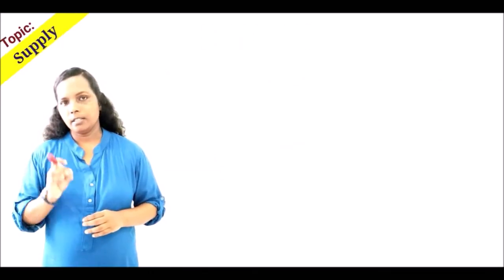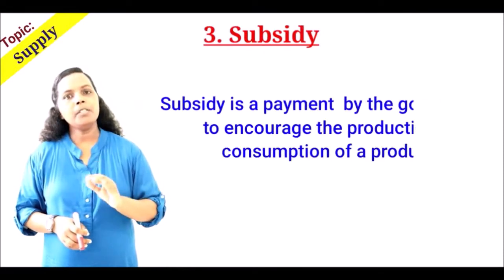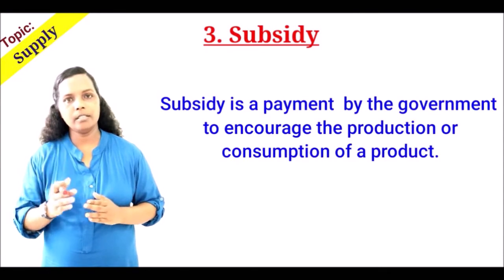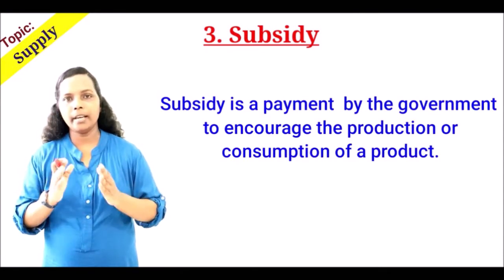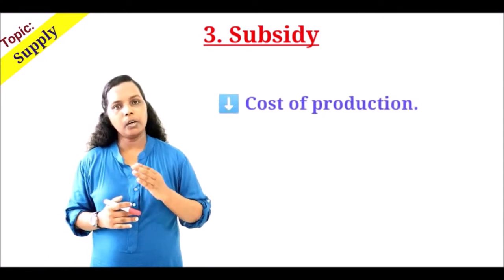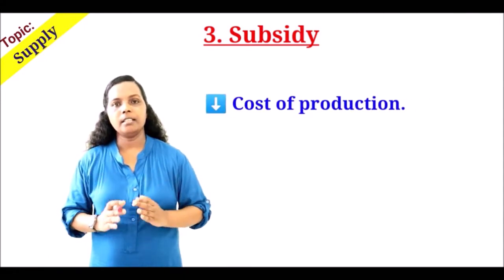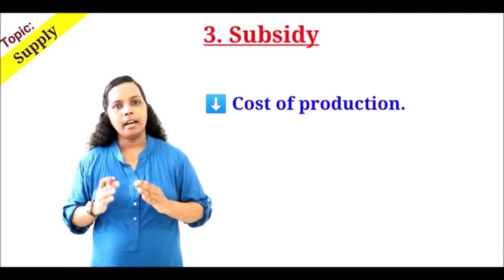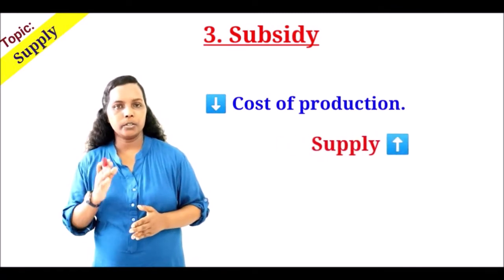Next point is subsidy. Subsidy is a payment by the government to the producers or consumers to encourage production or consumption. Subsidy reduces the cost of production. As a result, the producers are able to produce more of the product and they will supply those products to the market.